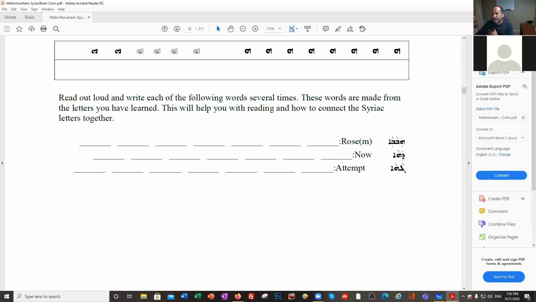This is exactly what it looks like when they do not join to each other. In example 1 and example 3, some letters join, and He in example 1 does not join to the next one. In example 3, He does not join to alap, but does join from the right.